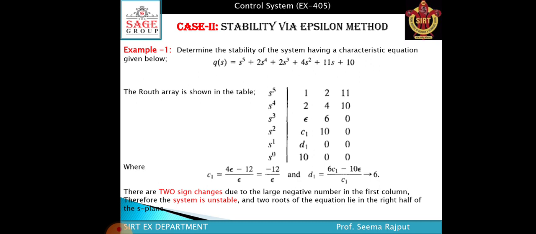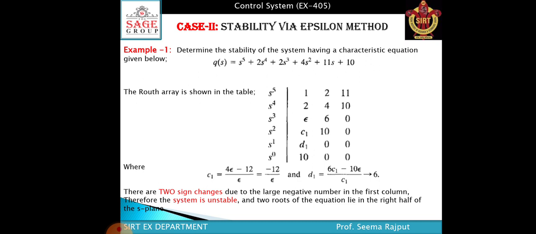So 2 into 2 is 4, minus 4 into 1, that is 4 minus 4, that is 0. So in the next row, the first column value is 0.